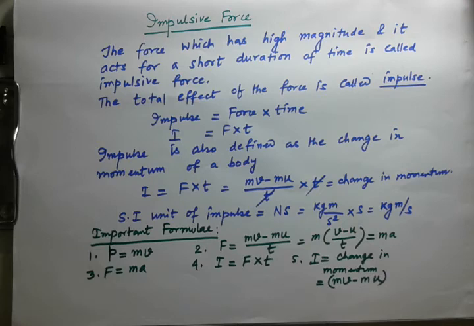Next one is conservation of linear momentum, the sixth and last formula. The momentum before collision will be equal to the momentum after collision. Or in the firing of a gun or bullet, the momentum before firing will be equal to the momentum after firing. So you can write m1 v1 plus m2 v2 is equal to m1 u1 plus m2 u2. So these are all the important formulas.